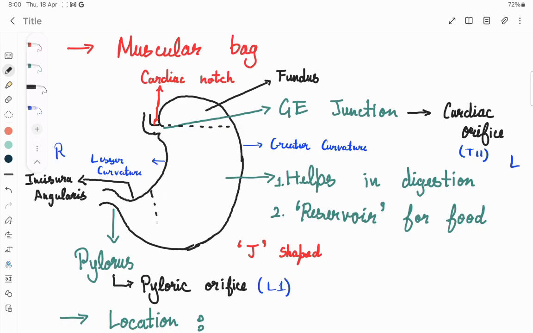This main part would be the body of the stomach, and we have the pyloric antrum, next we have the pyloric canal.